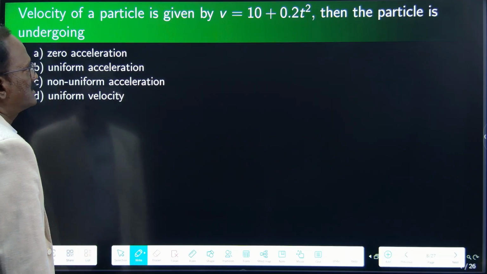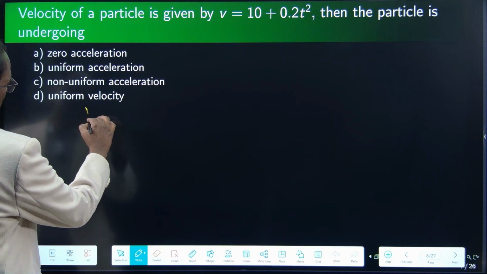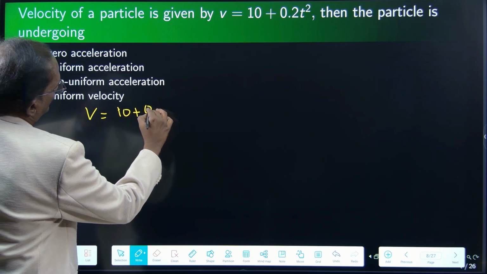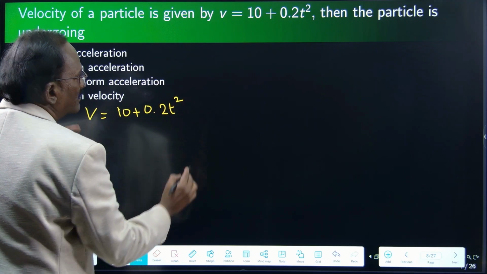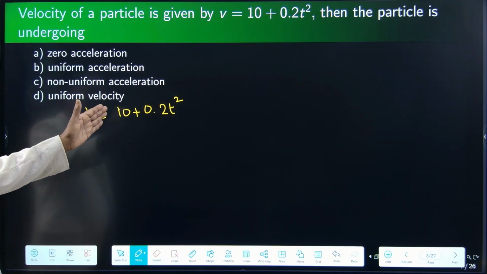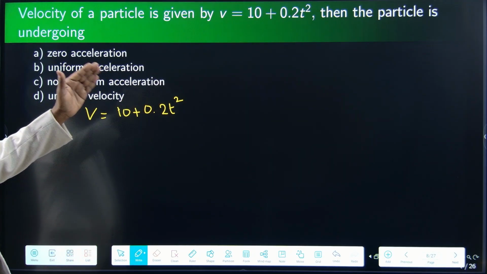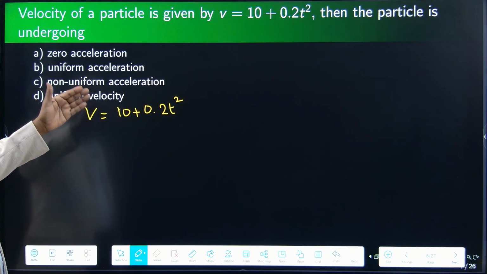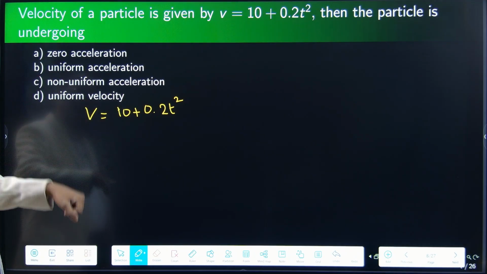Velocity of a particle is given by v is equal to 10 plus 0.2 t square. Then the particle is undergoing zero acceleration, uniform acceleration, non-uniform acceleration, or uniform velocity.